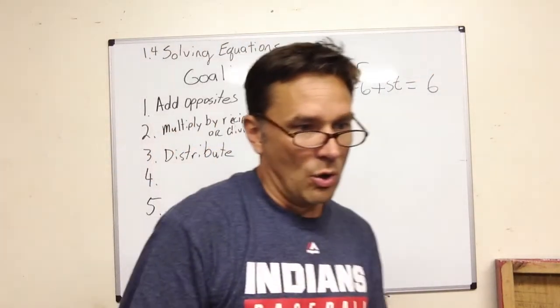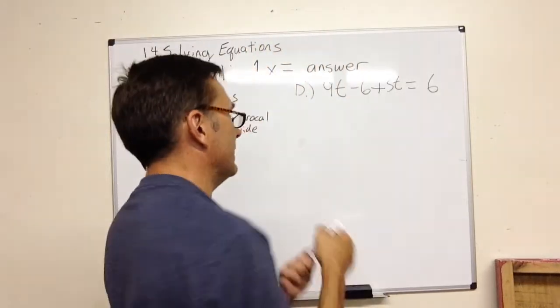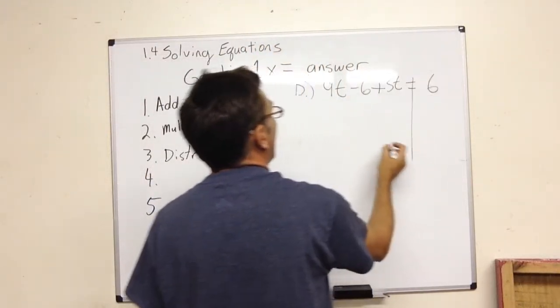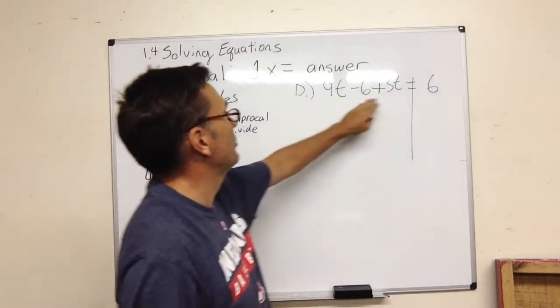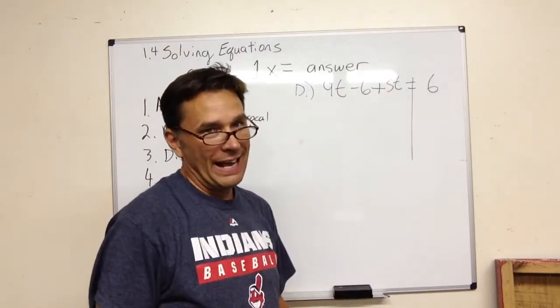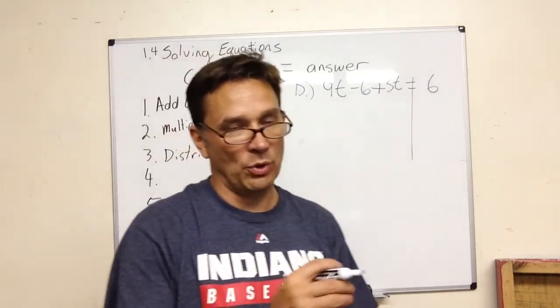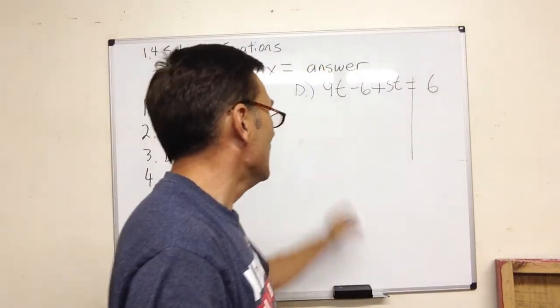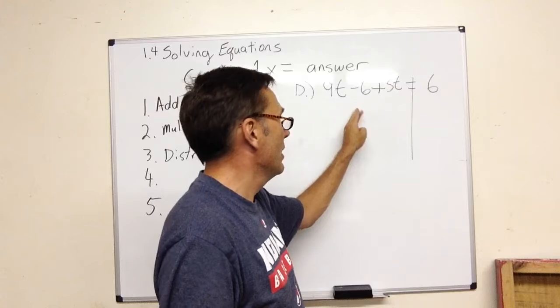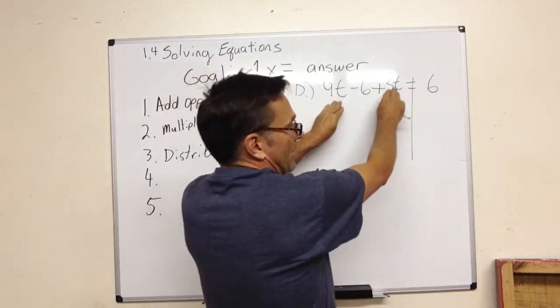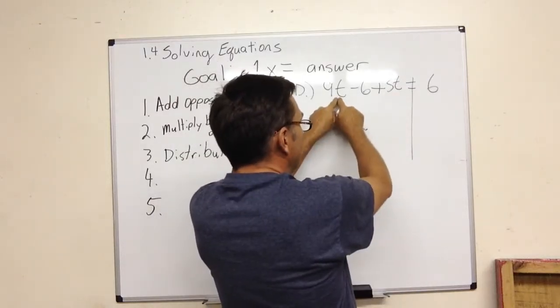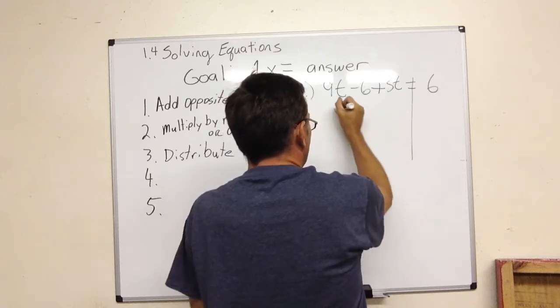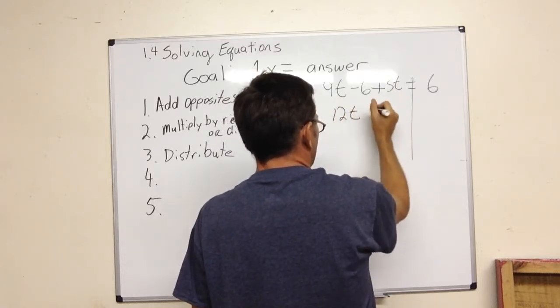Now, if we draw the line down the equal sign, I see that we have two variables here, 9t and 3t. They are on the same side, and this is where a lot of students make mistakes. Instead of adding opposites, because they're on the same side, we can just combine our like terms. 9t plus 3t is 12t.